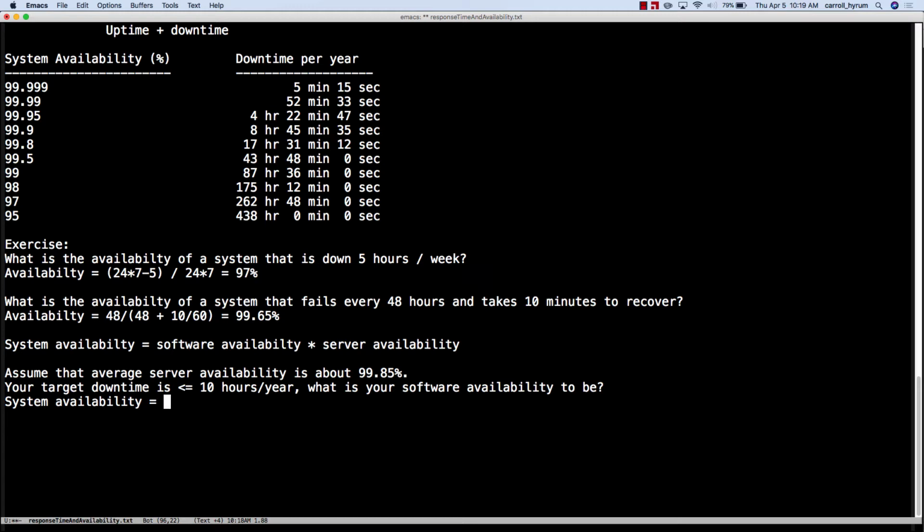Let's see. Oh, we haven't done that. So, 365 times 24, that's hours per year, minus 10. Everything but 10 hours per year, divided by 365 times 24.